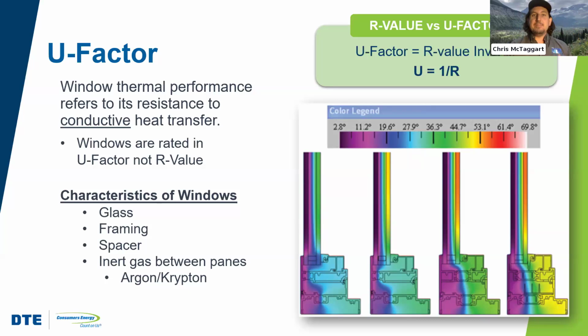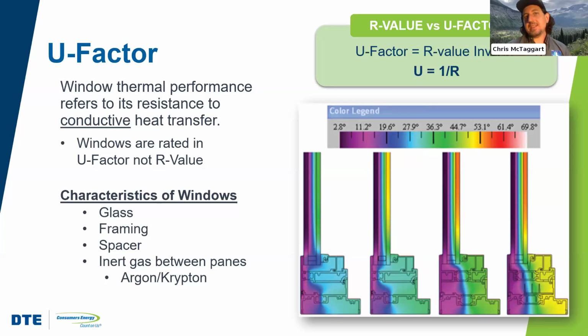This is really important because most people don't think about this: what's the more insulating part of a window that has multiple panes of glass? Is it the glass or is it the frame? Most people would say it's the frame, because glass seems like it would be inherently a loser. But when you have multiple panes of glass, you have a trapped airspace, and oftentimes that airspace is filled with an inert gas like argon or krypton, which further reduces heat loss.